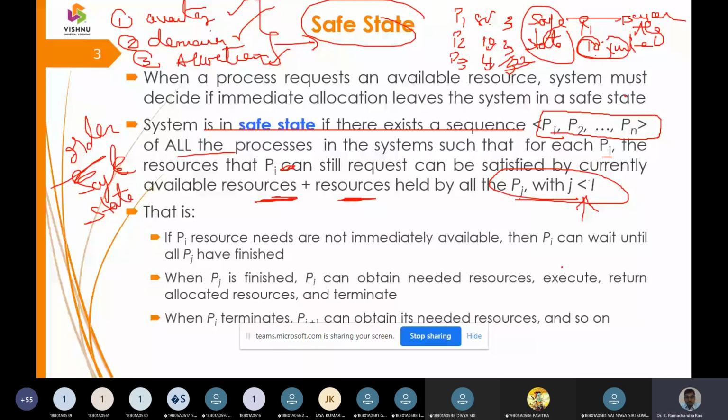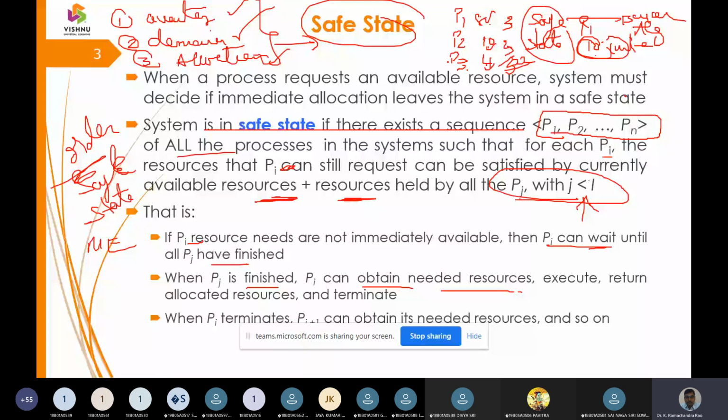So we can see that a process Pj need not be available, and Pi is going to wait until Pj is finished. We are going to say a word here called mutual exclusion. Next, Pj is going to finish, and Pi is going to obtain the needed resources. So I assume that P3 has completed usage. Those 3 instances are now given to P2 or P1.